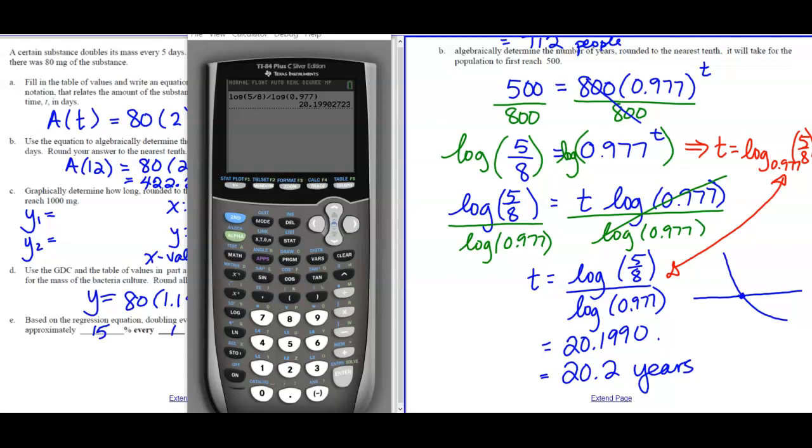You don't have to do the common log form. So if you did that, how would you do it in your calculator? You go math, log base, you have that capability, 0.977 for your base, 5 divided by 8 for your argument.